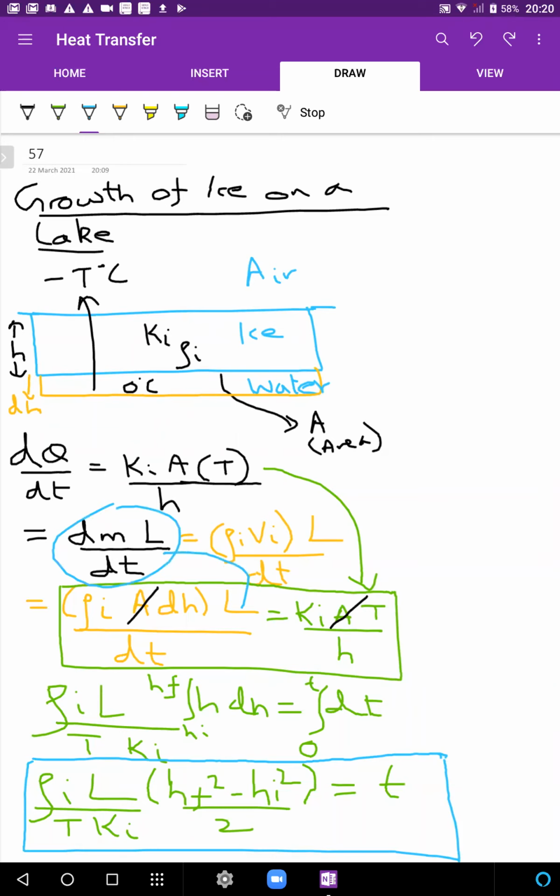Mass is density into volume, volume is area into height, and in that the area cancelled. Variables separated, h on one side, time on the other, and then it was simple integration. So this tells the amount of time it would take for the thickness of the ice to go from one value to another value. Any doubts in this?